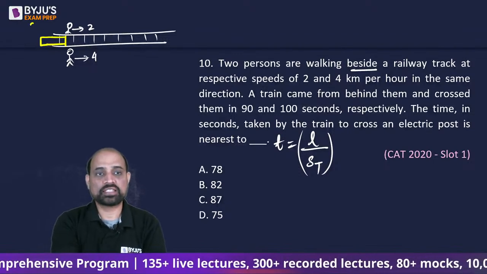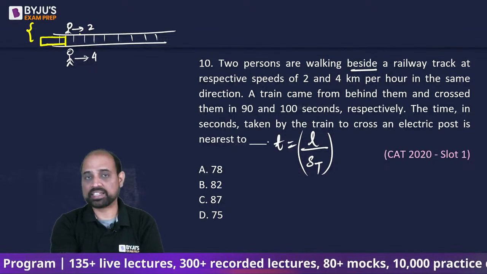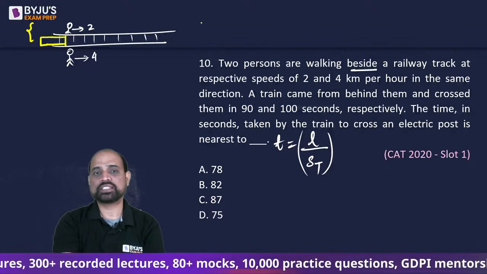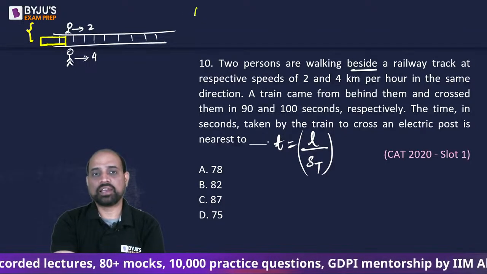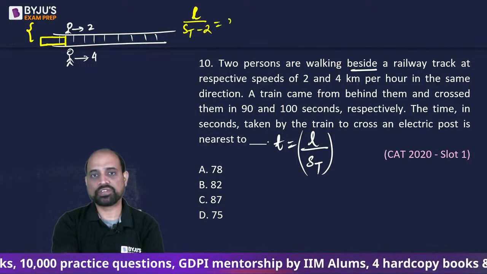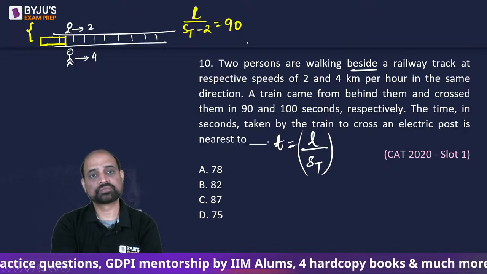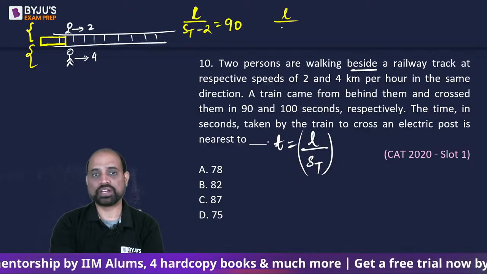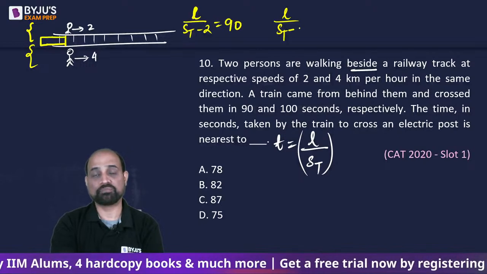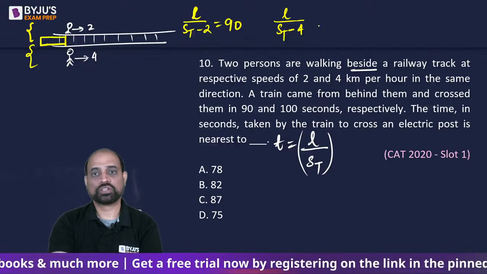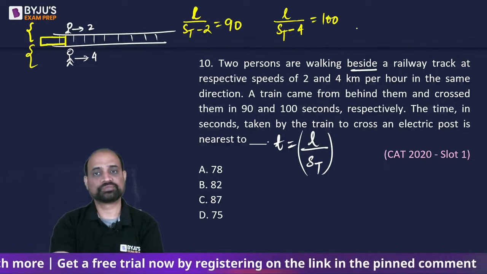So if I consider the, obviously 90 seconds तो वो लेगा slower body को. So if I look at this, can we say that length of the train divided by speed of the train minus 2 is given as 90? And if I look at the second scenario, can we say length of the train divided by speed of the train minus 4 is going to give us 100?